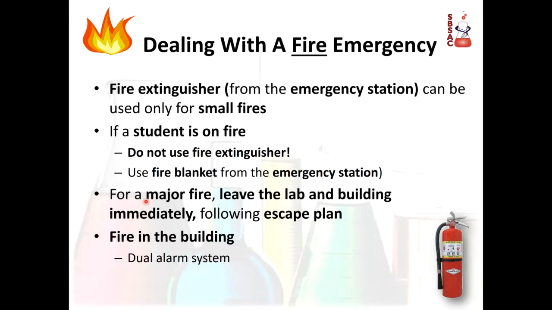Now, this type of emergency may happen not only in our lab, but also in other labs or other places in the building. So if there is a fire in the building, we have a dual alarm system. At the beginning, you would have a slow beep, beep, beep system, and there will be some communication to let us know that there is an emergency. You don't need to get out.